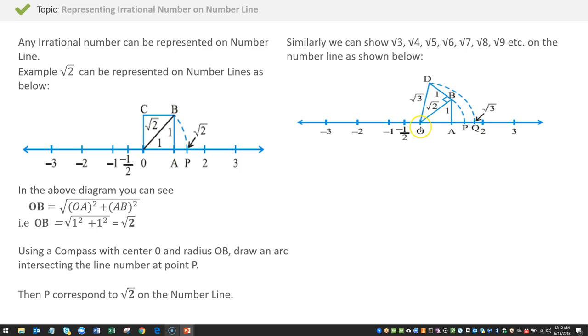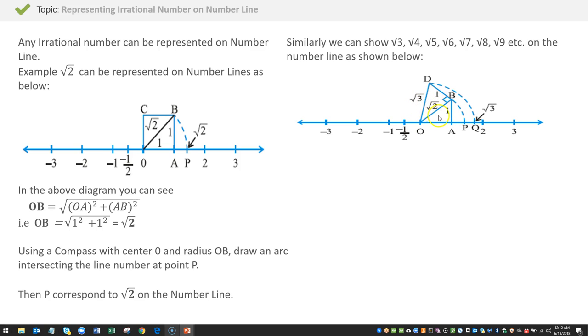Again, you consider OB as one axis and then draw a perpendicular line on it up to 1 unit, which is BD, and then join them. Again, the value of OD will be square root of 3.